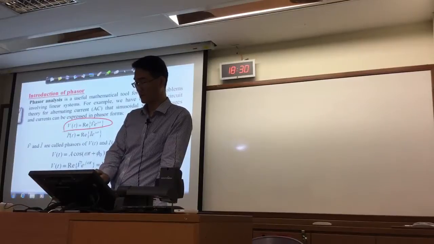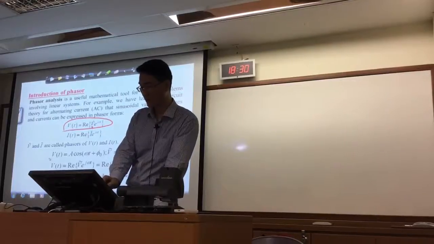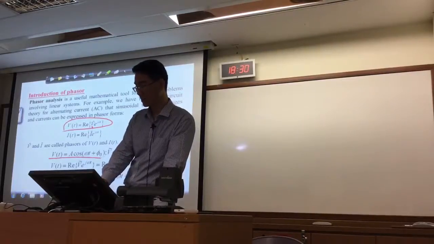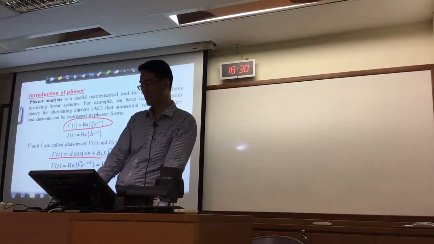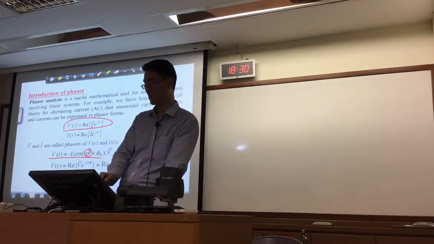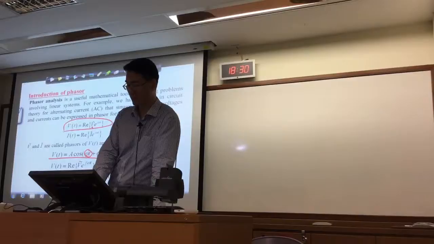So for instance, this is time domain, and this is frequency domain. In the frequency domain, you cannot see the omega t, right? Here, omega t is in the time domain, or the instantaneous format.